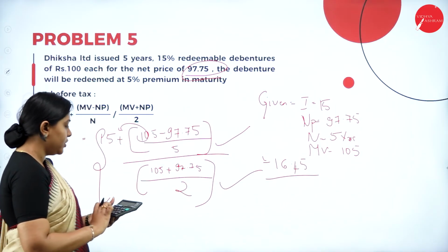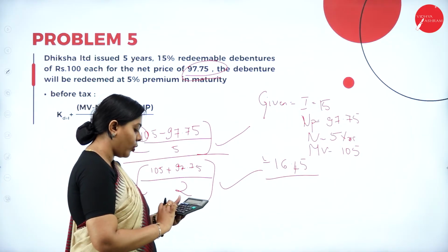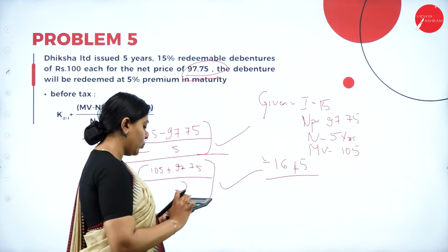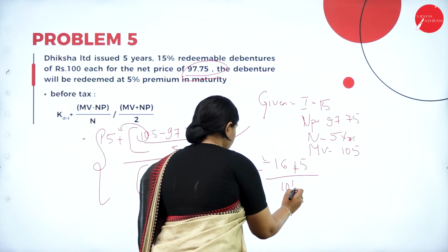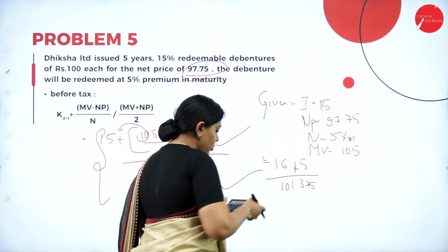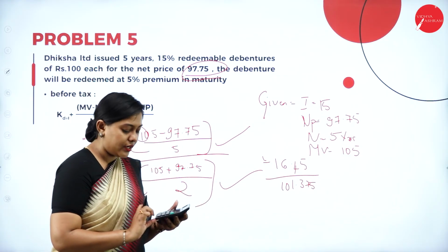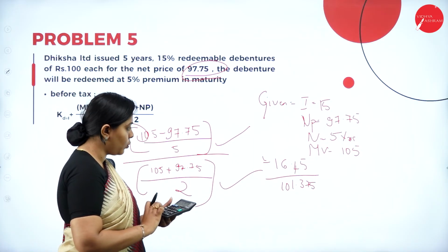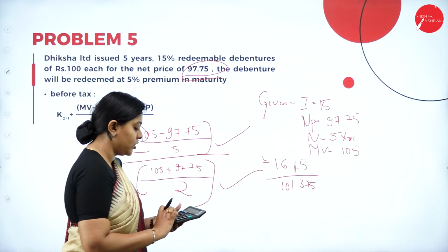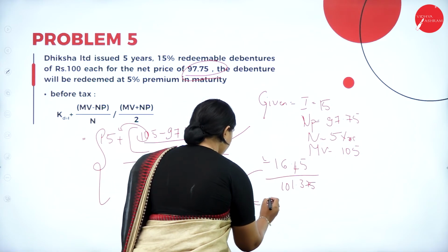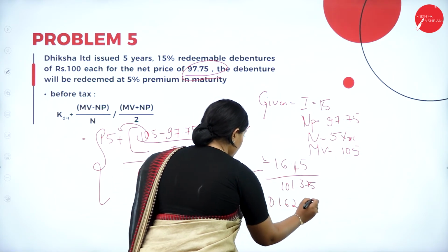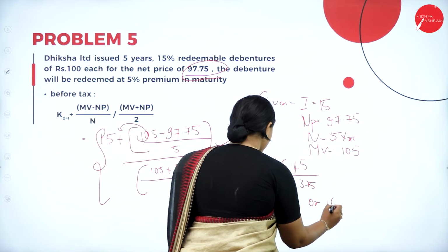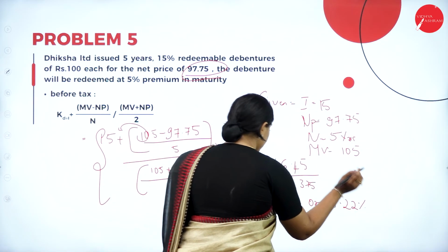Next, 105 plus 97.75 divided by 2, it is 101.375. So if you divide, let's check out the answer. 16.45 divided by 101.375, it is 0.162, or if you convert into percentage, it is 16.22%.